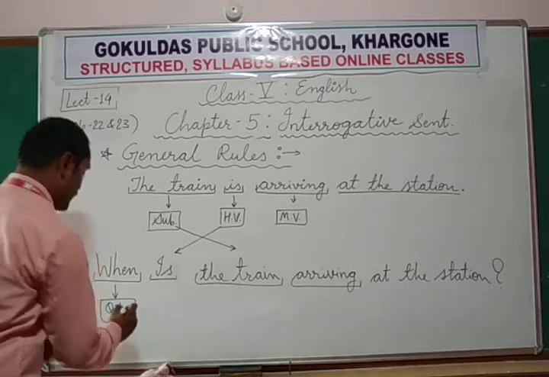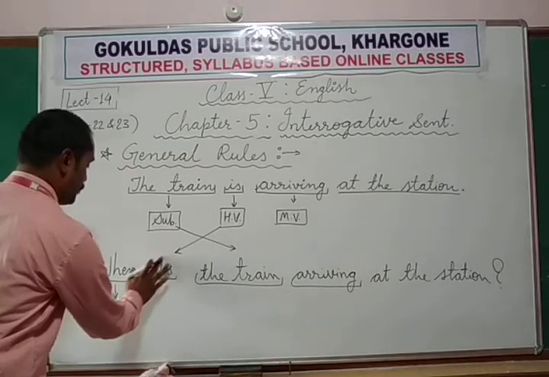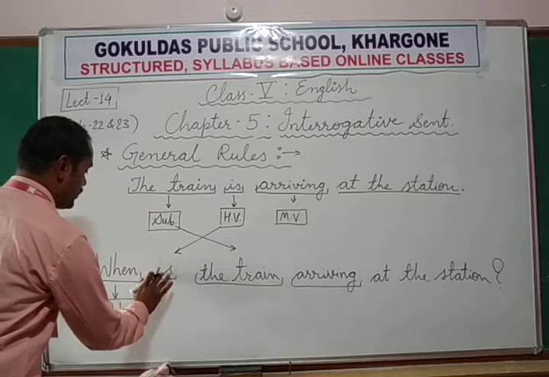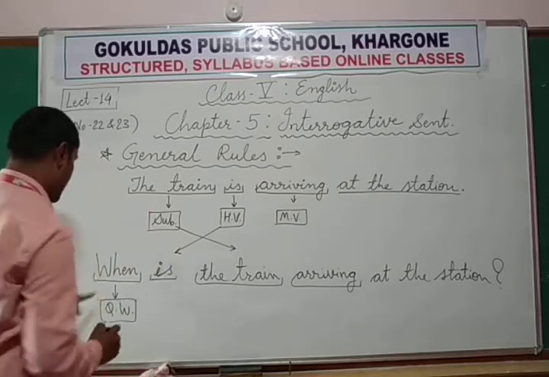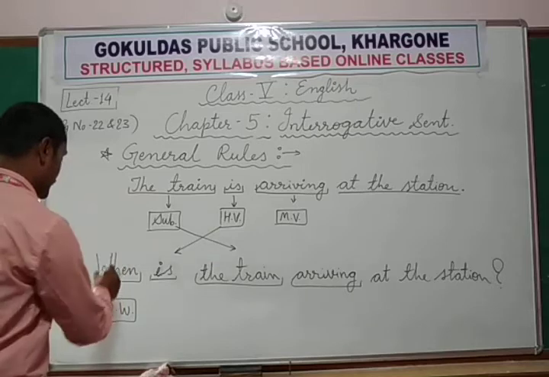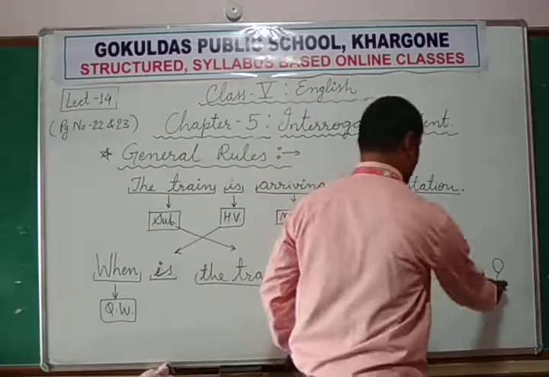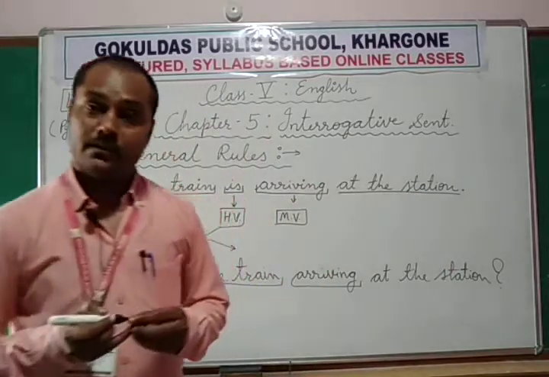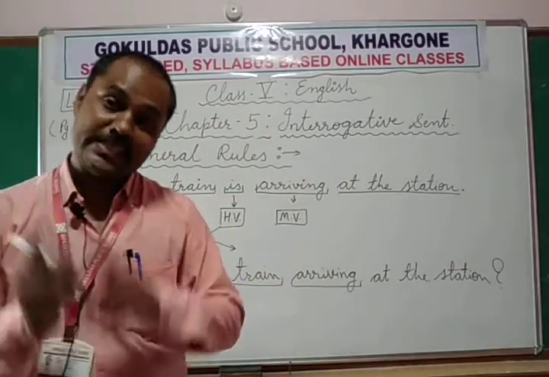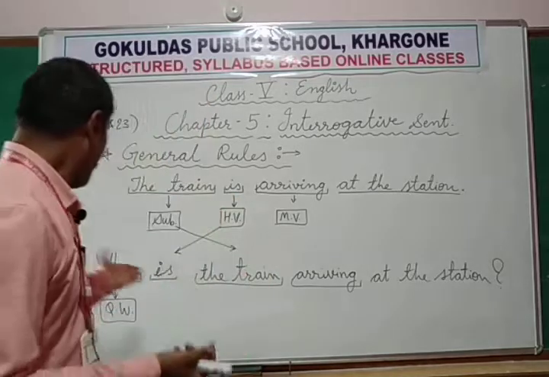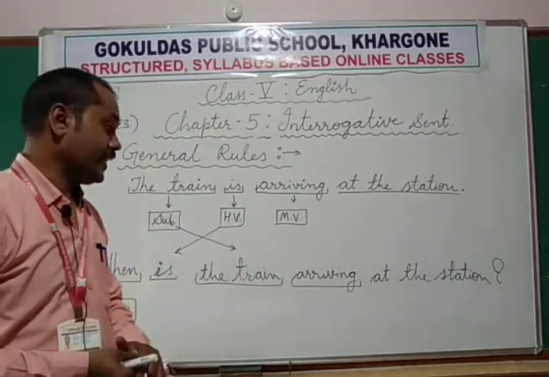So the question word always comes at the first position, then is, the I becomes small and W becomes capital. When is the train arriving at the station? The question mark remains. Okay, the first question is, is the train arriving at the station? The second question is, when is the train arriving at the station?